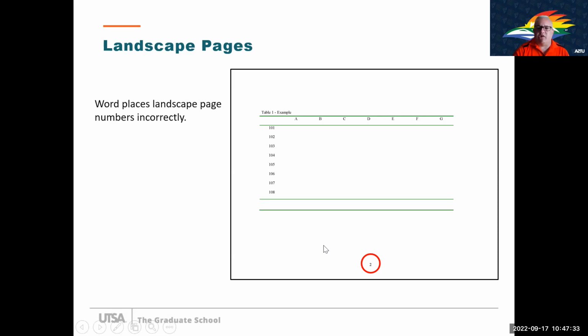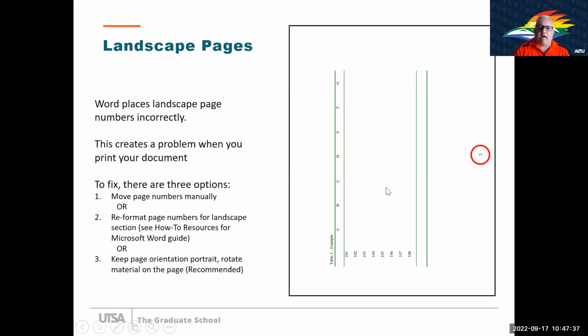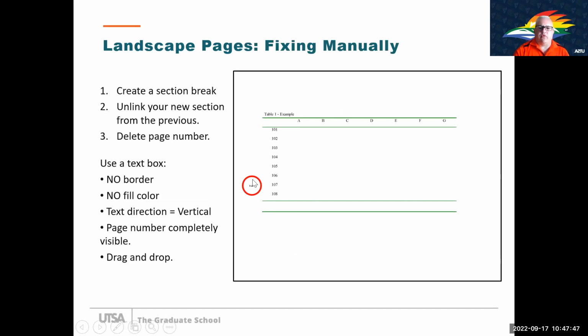So we do need you to either adjust your landscape page to a portrait, or the other option is that you move your page number manually over to the left margin of a landscape page, centered and facing out.